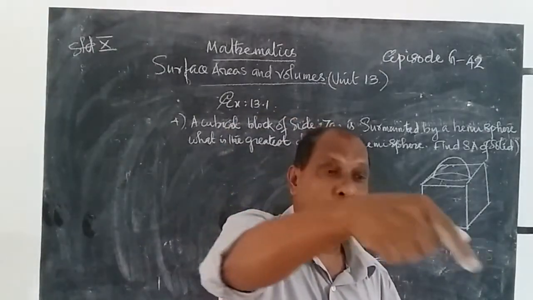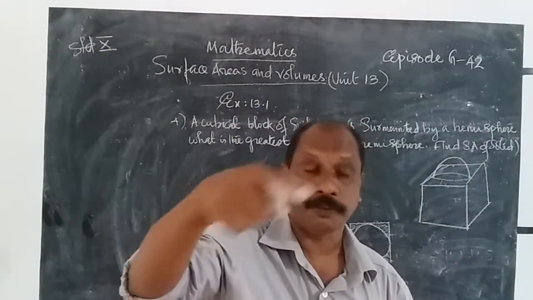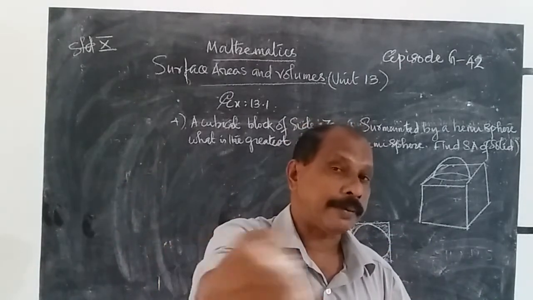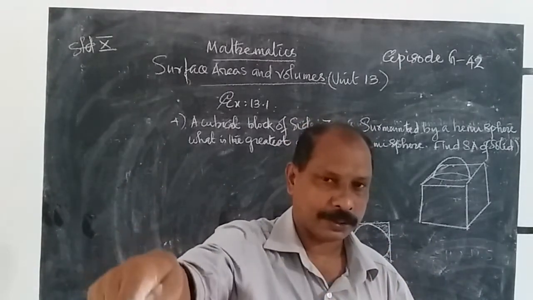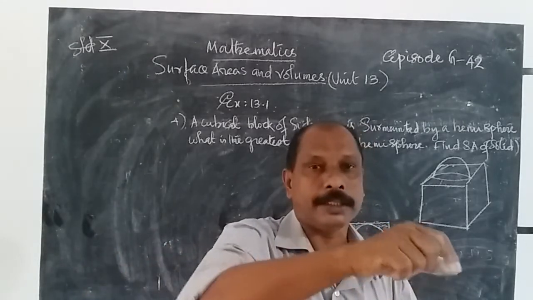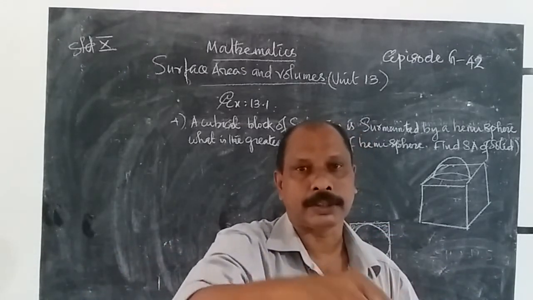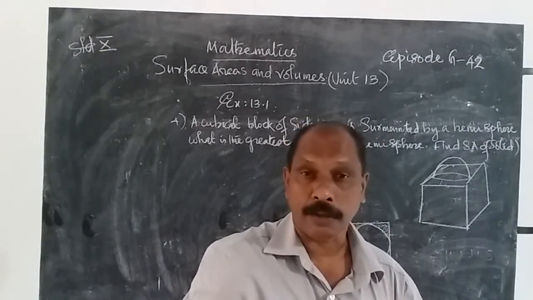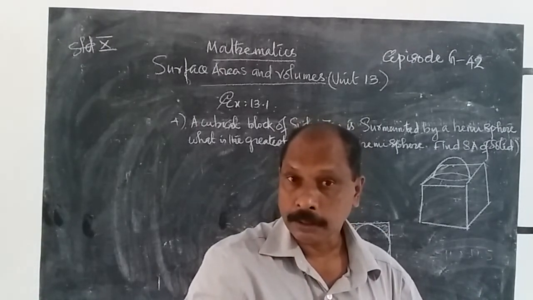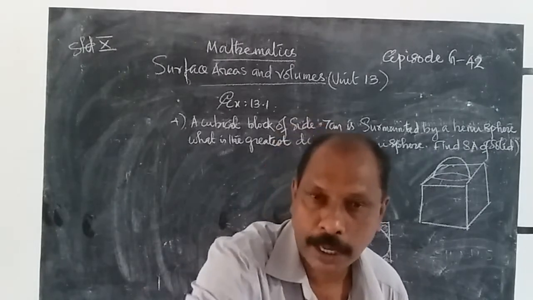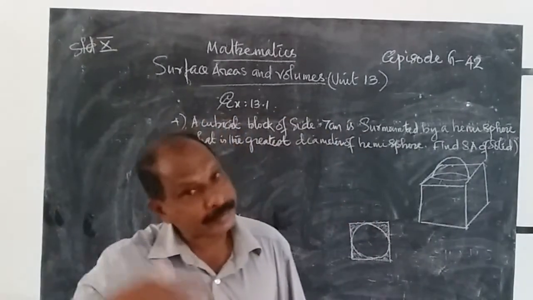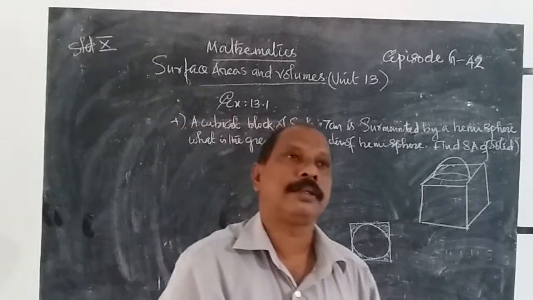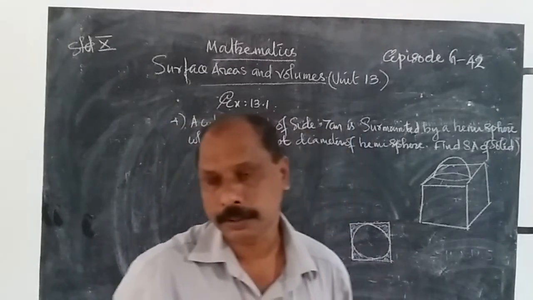Then one top is a square, therefore area is a square minus the area of the circle, that is pi r square. We get 5 a square plus a square, 6 a square minus pi r square, which is the total surface area of the cube other than the circular part, plus the curved surface area of the hemisphere, that is 2 pi r square.